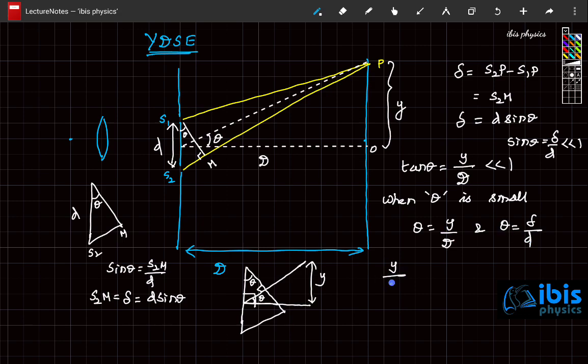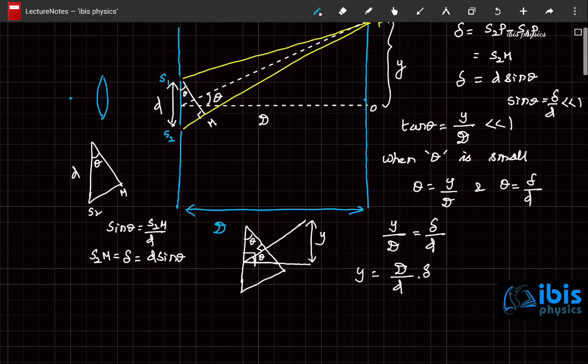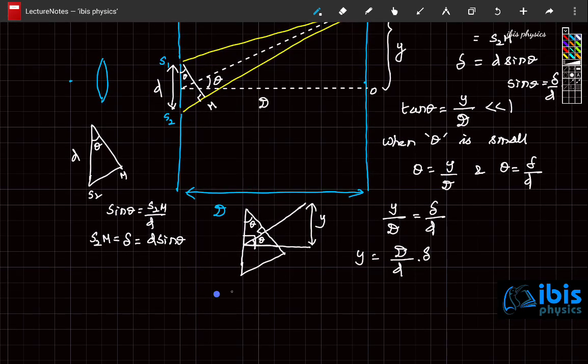Equating these two, y by D equals delta by d. So y equals D by d into delta, where delta is the path difference. So in general y equals D by d into delta.